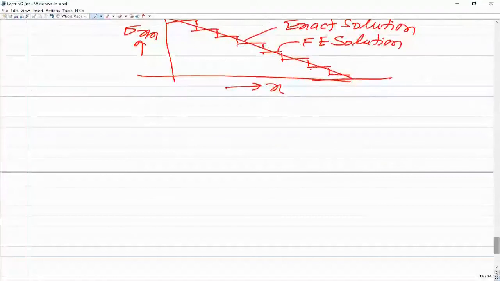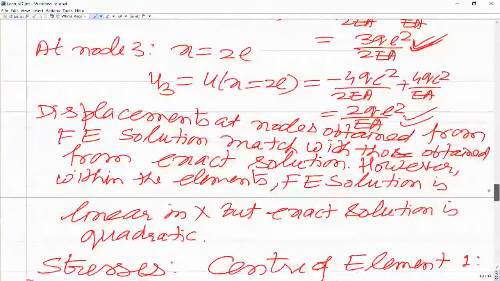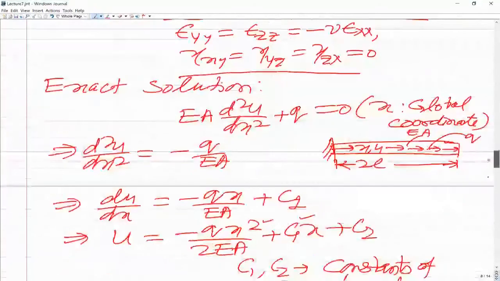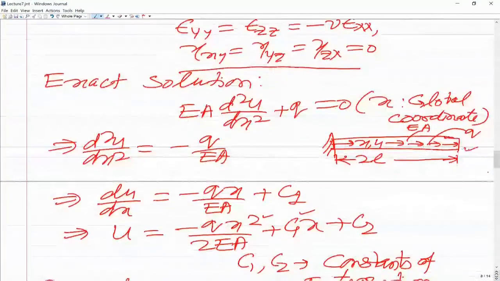Now, before I go to the next example, suppose you wanted to solve the same problem with this end also fixed. Then you can still discretize this into two elements, and then u1 will be equal to 0, u3 will be equal to 0, and q12 minus q21 will be equal to 0, but then q22 will not be equal to 0 because this end you are fixing.